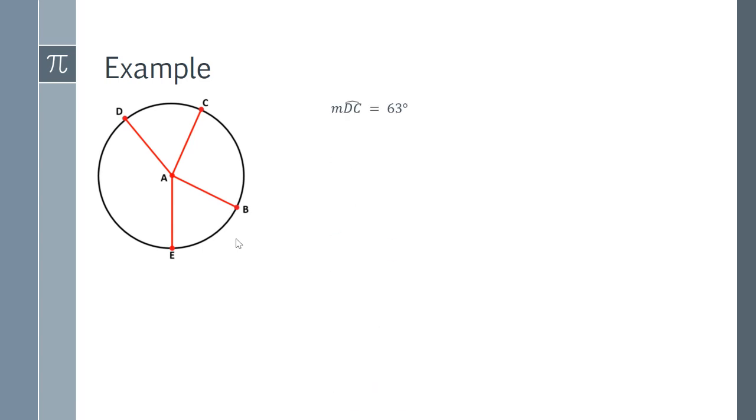If arc DC is 63 degrees, so right here, this arc is 63 degrees, then if DAC is congruent to BAE, what does EB equal? Well, EB is going to equal the same thing as this arc right here. It's going to be 63 degrees. And because of that, then those two angles are going to equal 63 degrees.